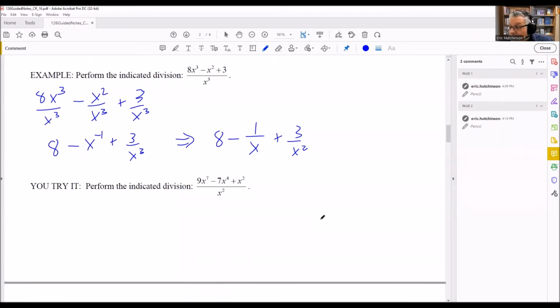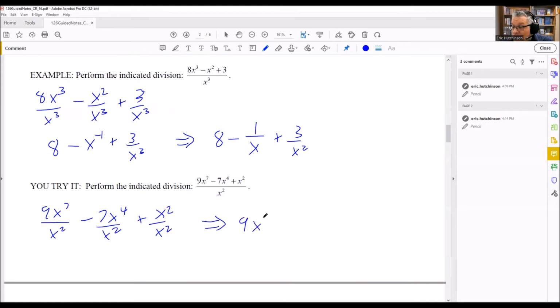So let's try another one. This one here, we're going to do 9x to the 7th over x squared minus 7x to the 4th over x squared and x squared over x squared. For this, we're going to have a 9, and then we're going to subtract.